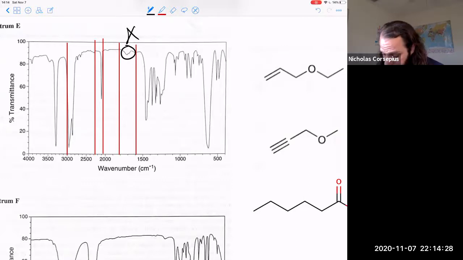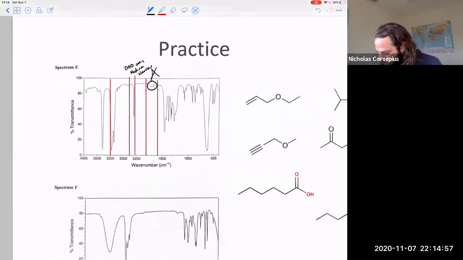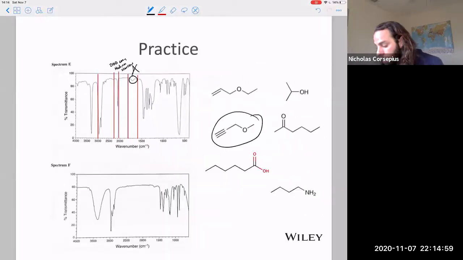Now I see something in my triple bond region, okay? A narrow peak, call it pretty much exactly 2100. It's on the medium end, but very narrow. So this would be a carbon-carbon triple bond, right? One that sits just at the very southern end of that 2100 to 2300 region. This is sort of making me think that this is going to be this compound here.